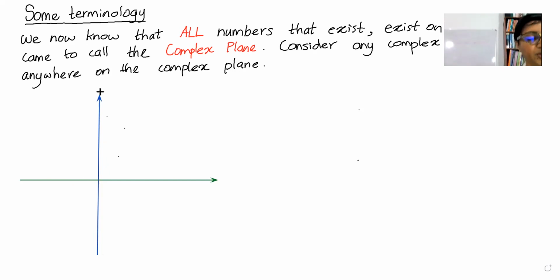So when you draw your complex plane, you have to label the lines. And remember, the real line and the imaginary line can also be called axes. You can say real axis and imaginary axis, as if it is a coordinate plane, because it looks like one. So sometimes people call them the real axis and imaginary axis. I personally don't like that. It's the real line and the imaginary line, but it's okay.